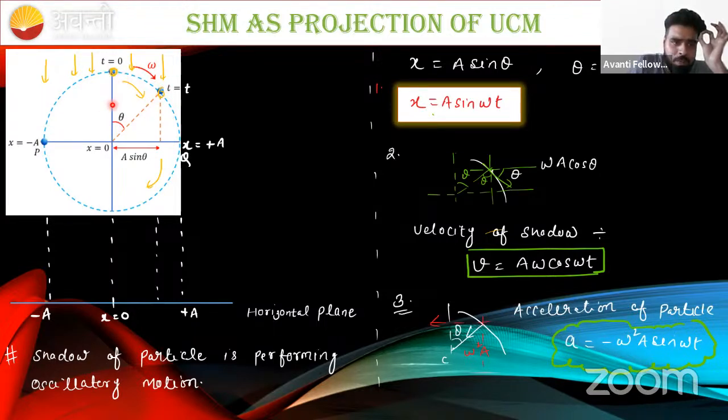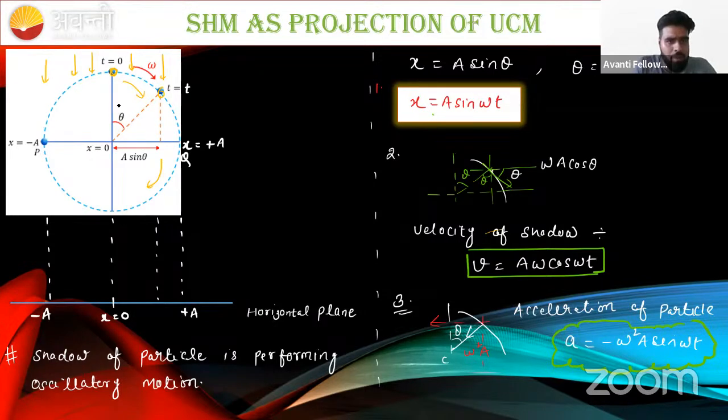See, if we project the particle at this point, this is the projection. If our particle is at this point, what is the projection? This point. If the particle is at this point, this is the projection. If it is at this point, again this point. In such a manner, it is clear how our particle is moving and how its projection is also moving.